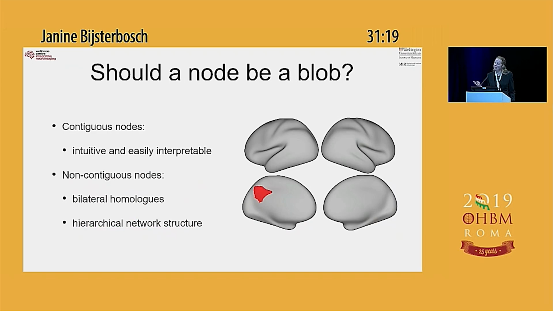I also want to ask this question about should a node be a blob? And with a blob, I mean, should a node be a set of contiguous voxels that are spatially interconnected? And of course, having a contiguous node is the most intuitive and most easily interpretable, and it sort of fits with our sense of what a node should be like. But of course, the brain has bilateral homologs, so we know that these two regions are going to have quite similar time series in an fMRI scan.